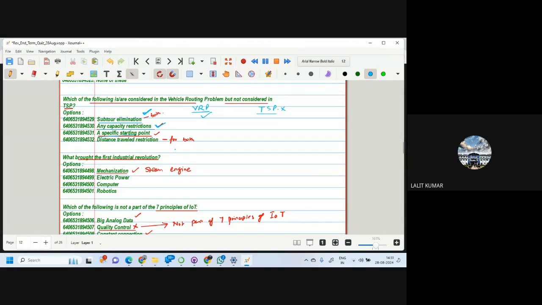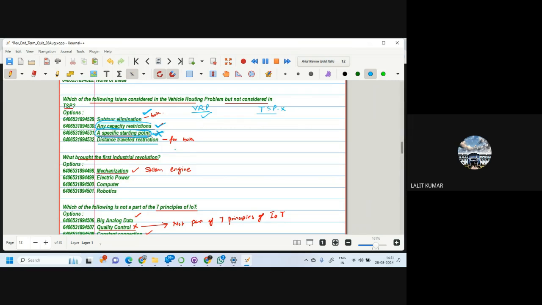A specific starting point, we do in VRP. Distance traveled restriction is for both. In the TSP we don't use any specific starting point. So this is the correct point.